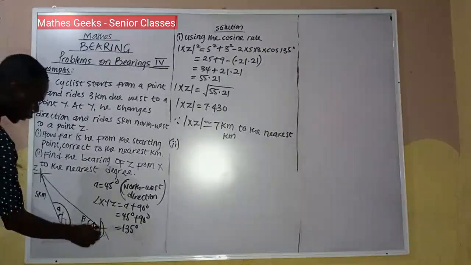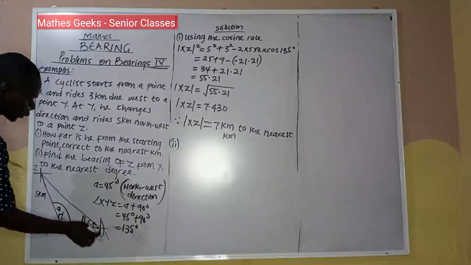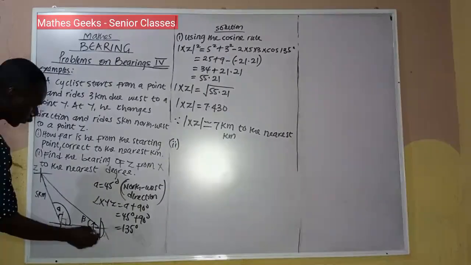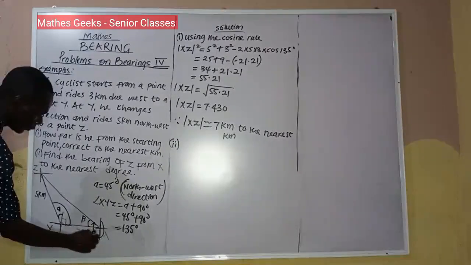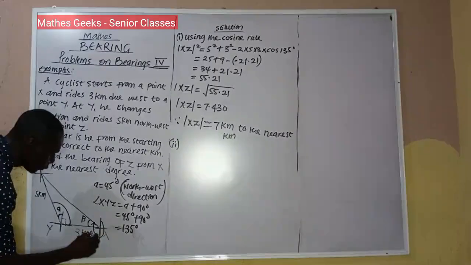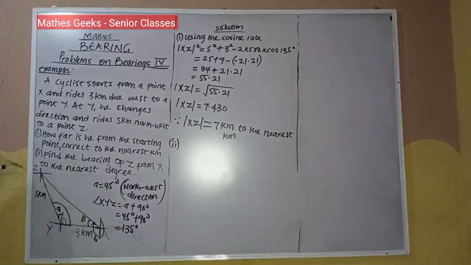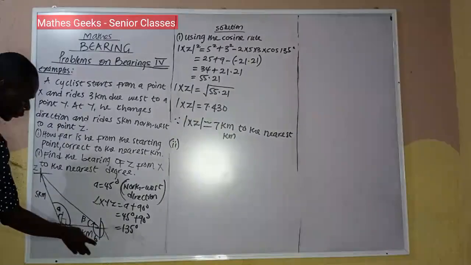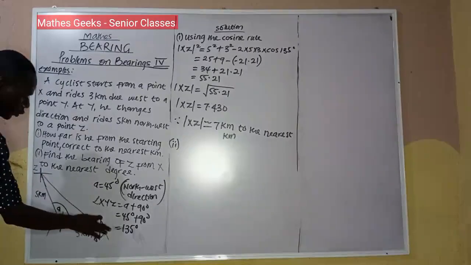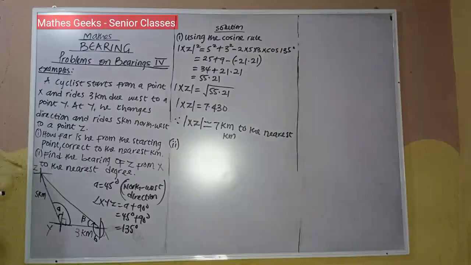Of course, this is northwest, so southwest, going 45 degrees, but let me call this angle B. From the north to here is 270 degrees, so B is 270 degrees.